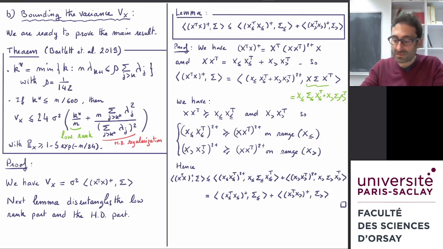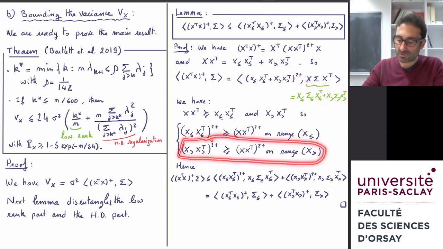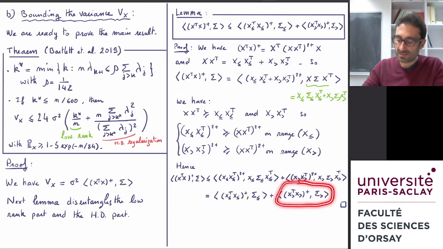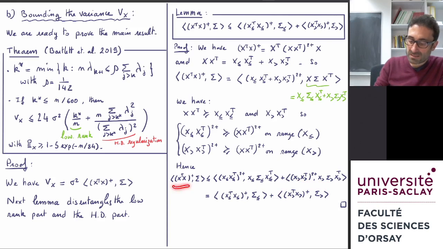And you can do exactly the same reasoning for the high dimensional part. By using this upper bound for the high dimensional part, you obtain this upper bound. And now what we have is that the term here that we want to analyze, the variance term, is upper bounded by these two terms where you have disentangled the low dimensional part from the high dimensional part.